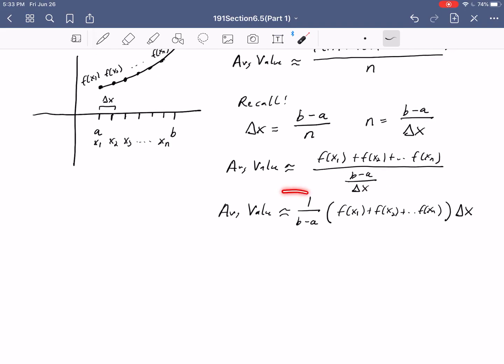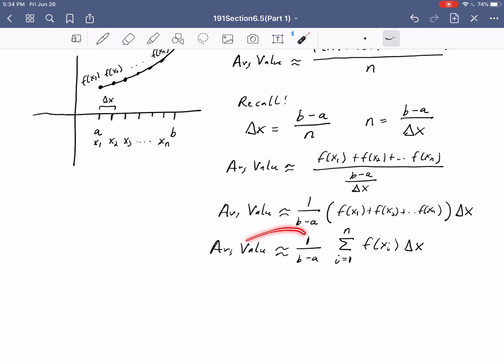All right, so maybe it's time to get rid of this plus ... notation. Let's just write this as a summation so it looks a little cleaner here. So our average value is approximately 1 over b minus a, the sum from i equals 1 to n of f of xi delta x there.